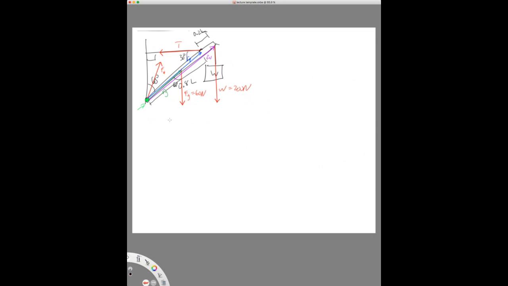And use net force in the x direction equals 0, and net force in the y direction equals 0. So in the x direction, we're going to have F hinge x minus T. And in the y direction, we're going to have F hinge y minus Fg minus W equals 0.